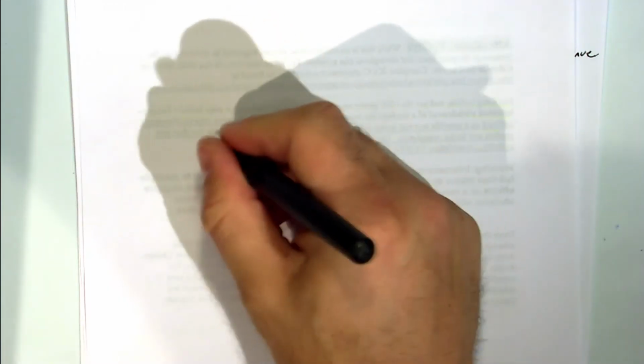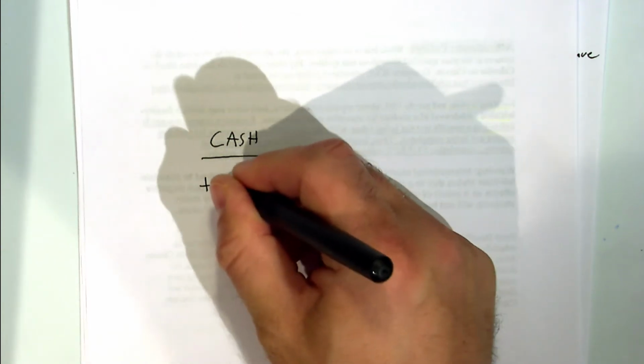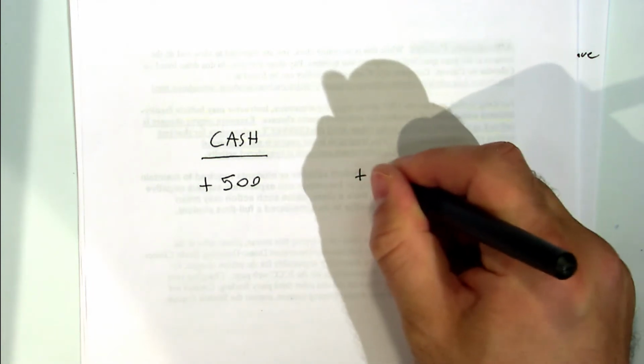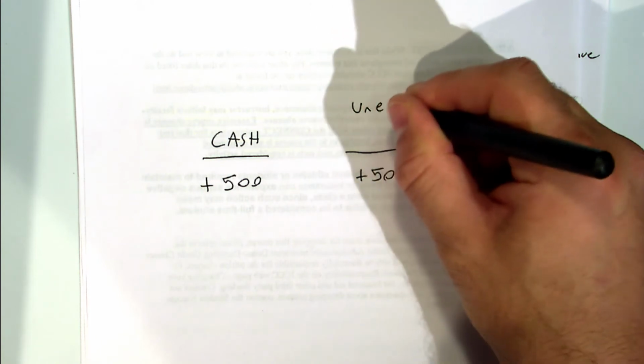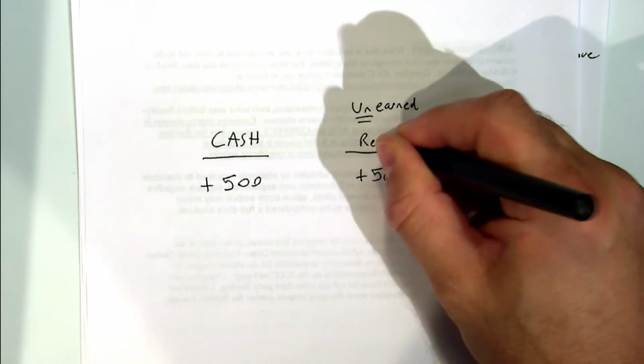Are you with me? Now let's look from the perspective of the Apple Store. They just received your cash of $500, okay? Well, if we're doing transactional analysis, cash went up by 500. And what else went up by 500? This account called unearned revenue.